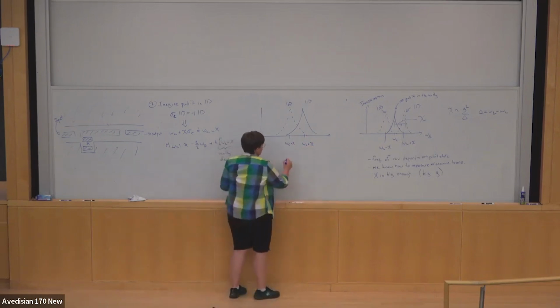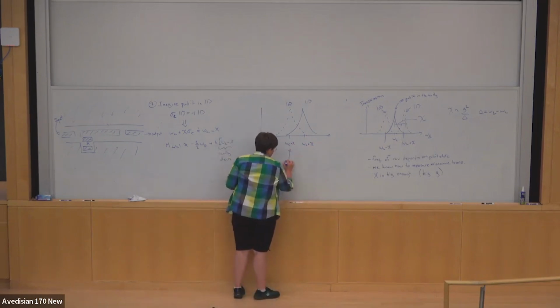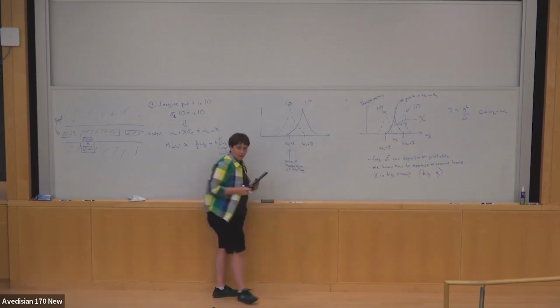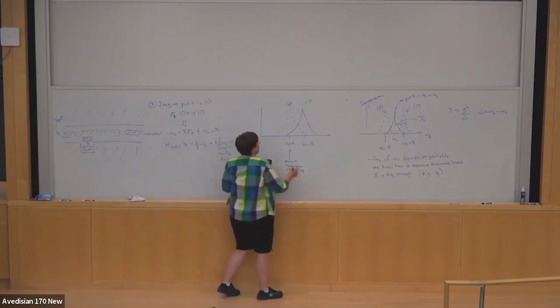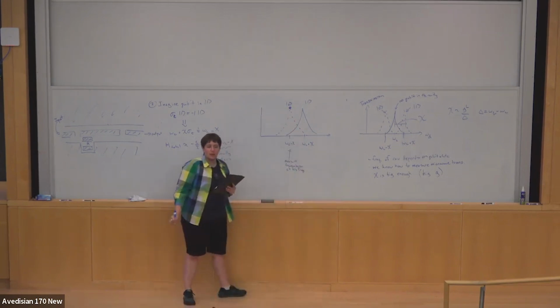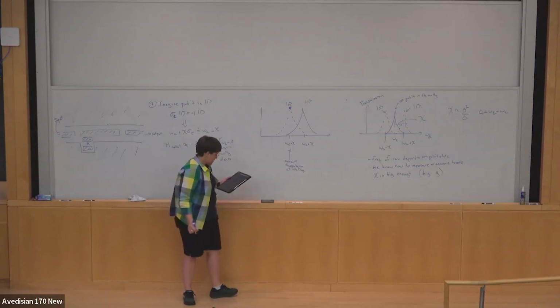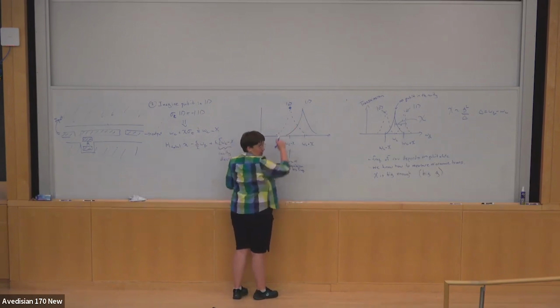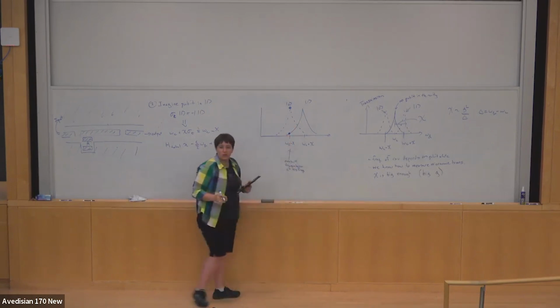And so what I can do is I can measure transmission at this frequency. If the qubit's in the ground state, I'm sitting on the peak, and I'm going to get maximum transmission. On the other hand, if the qubit is in the excited state, the peak is over there, and I'm now way off down on the shoulder.